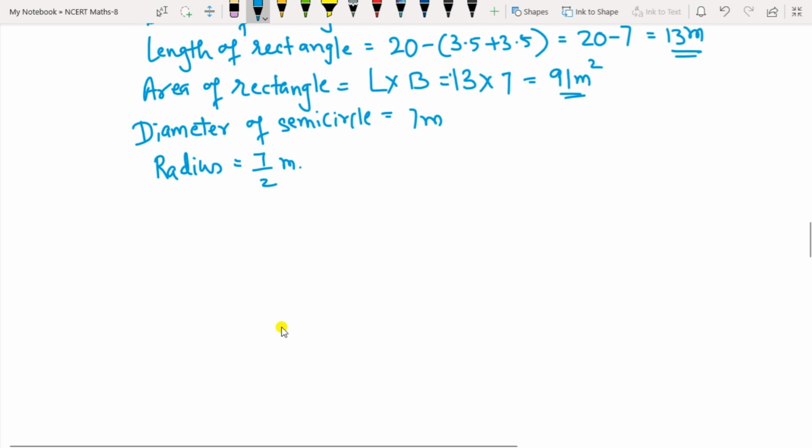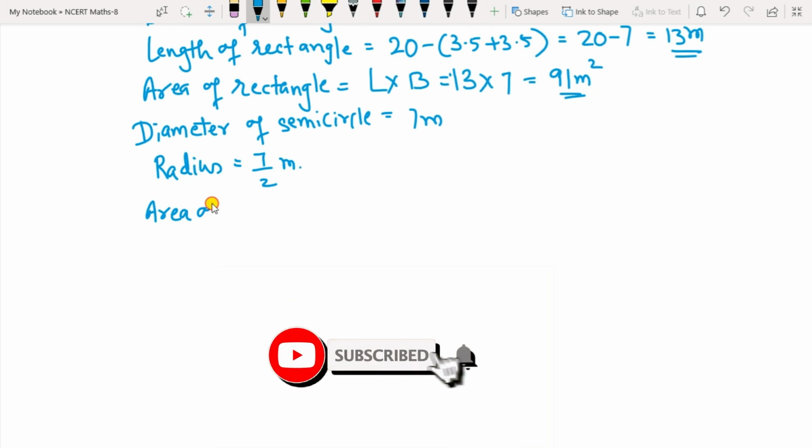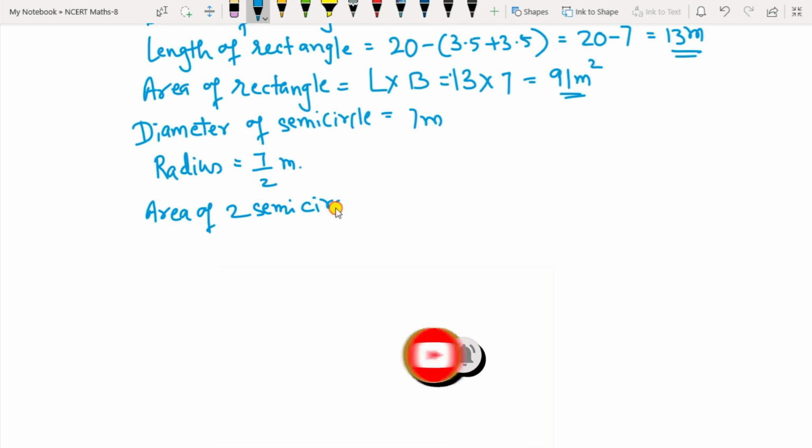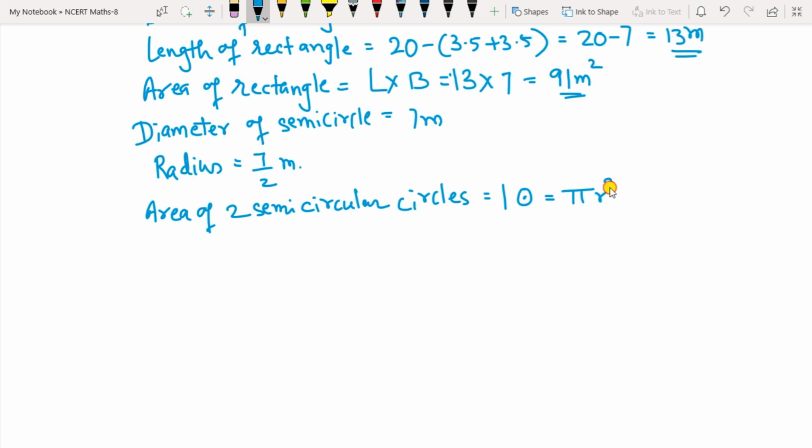Then the area of two semicircles: if two semicircles together make one circle, and the circle area formula is pi r square.